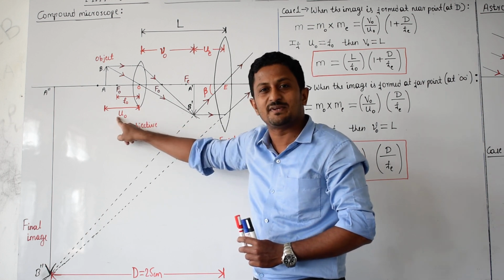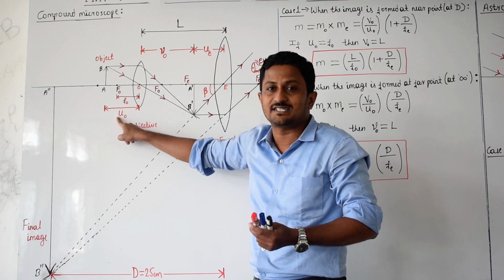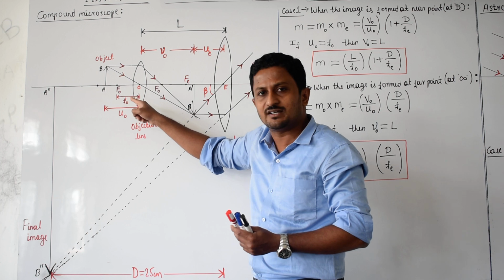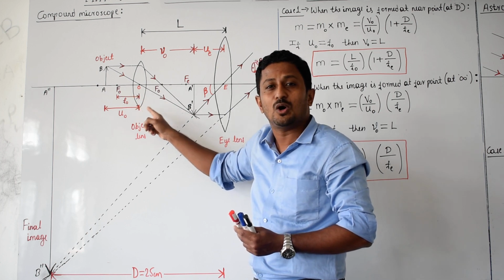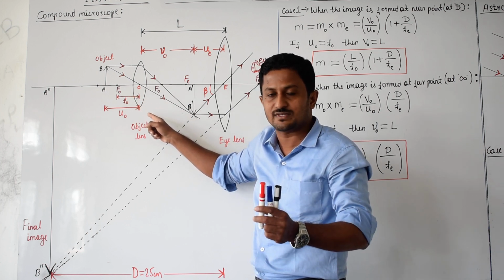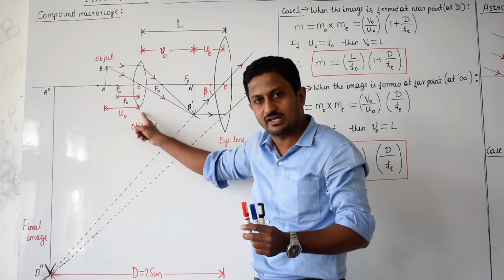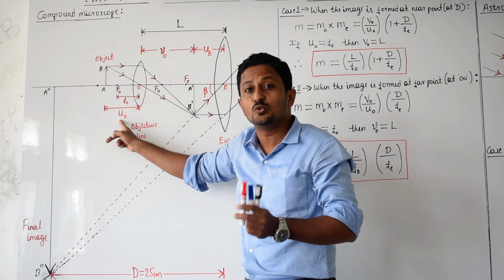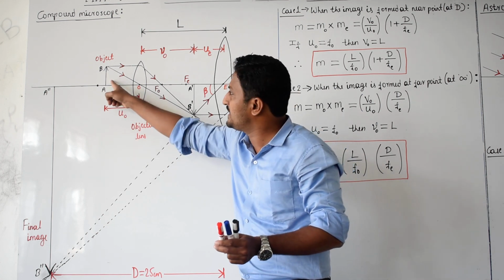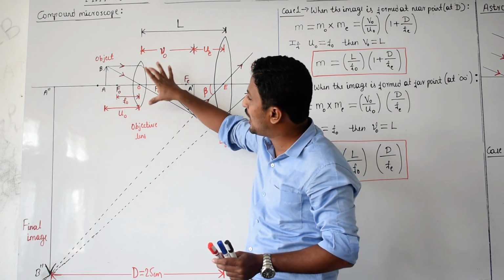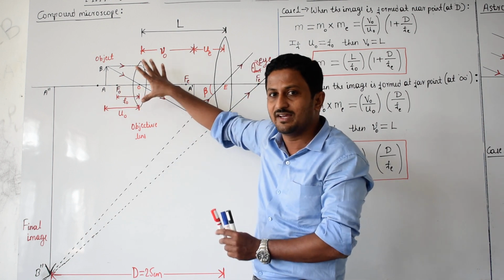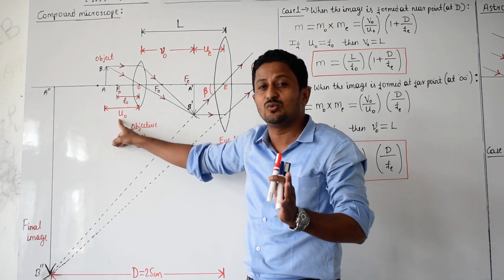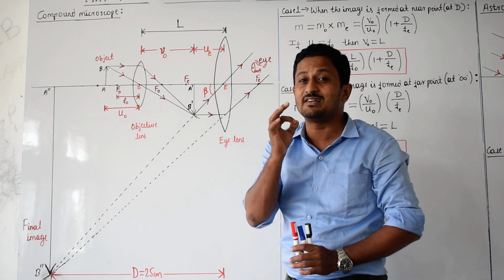U is the representation for object distance. Subscript O means it is the object distance with respect to the objective lens. Getting what I mean? In front of this objective lens, the object AB is at distance U subscript O. AB is the object for this objective lens, which is at distance U subscript O. You have to represent them very clearly.